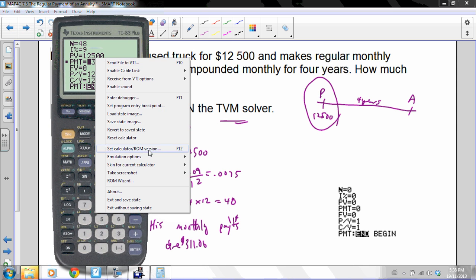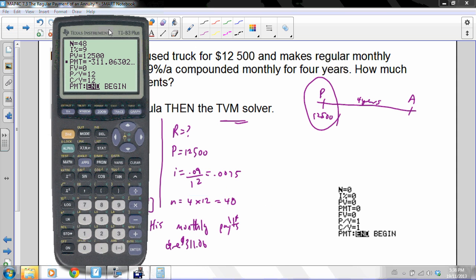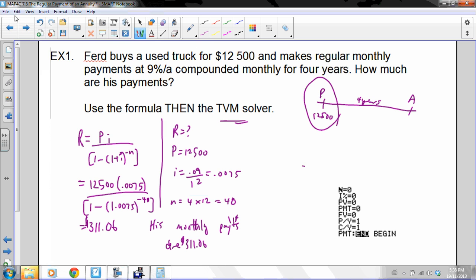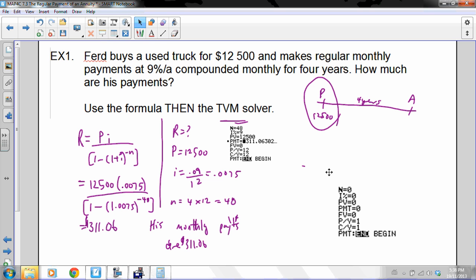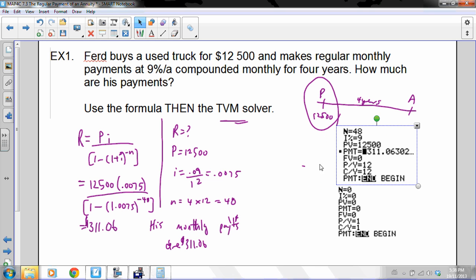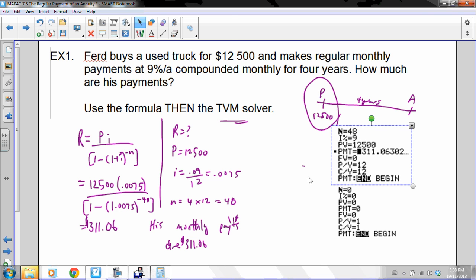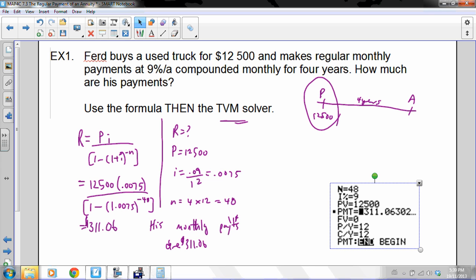I'm just going to copy and paste. And then we'll see that's exactly the same. And you may prefer the formula or you may prefer the TI-83. You've got to know both. If you're not asked to do it one way or another, you get to choose. Okay? You get to choose if we don't say one way or the other. I'm going to pick up example 2 in part 2 of the video.